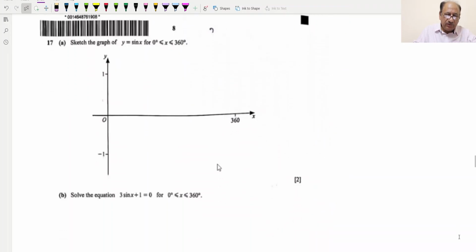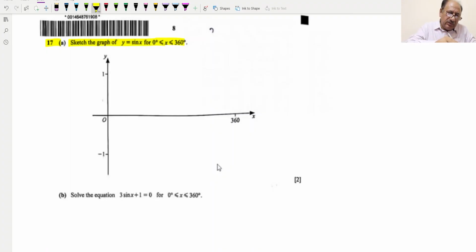Now question number 17, this is a sine graph question. Part A: sketch the graph of y is equal to sine x, where x varies from 0 to 360. So we can divide this portion up to 360 that they have provided.